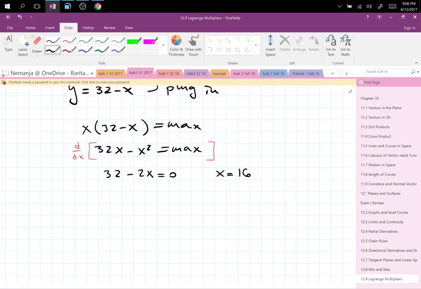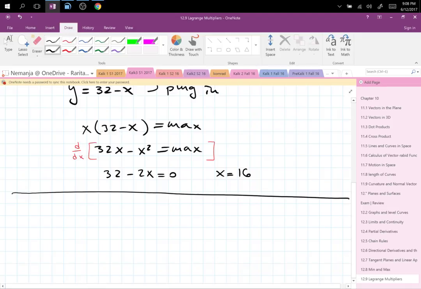So now, what is happening for Lagrange? We are going to have the procedure, which is, again, you look at the geometry, you come up with equations, you put them together, and you solve it, right? So the procedure is, let's do it in red over here.